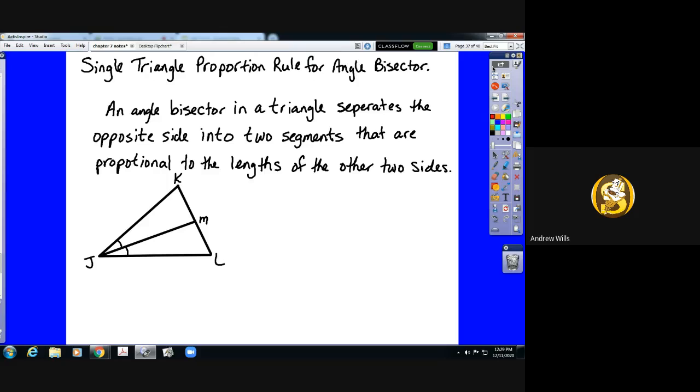Only angle bisectors. An angle bisector in any triangle, no matter which one we look at, separates the side opposite the angle that's being bisected. In that case, that'd be side KL into two segments, KM and ML, that are proportional to the lengths of the two remaining sides, which would be your JK and your JL.